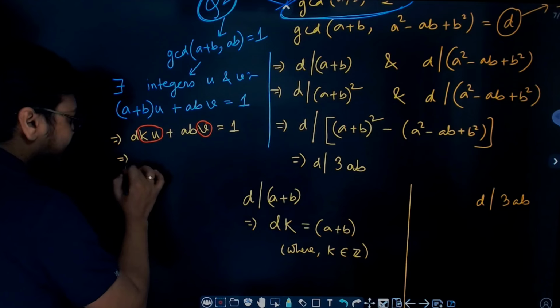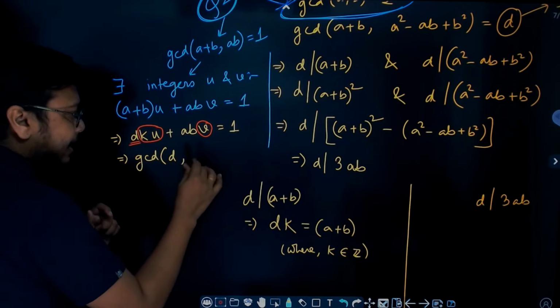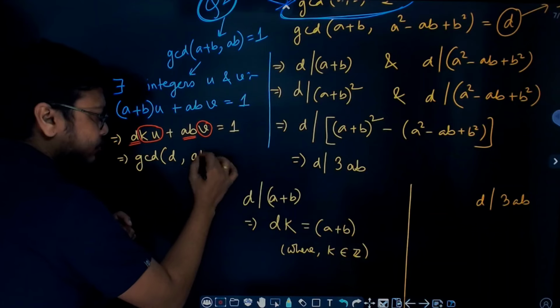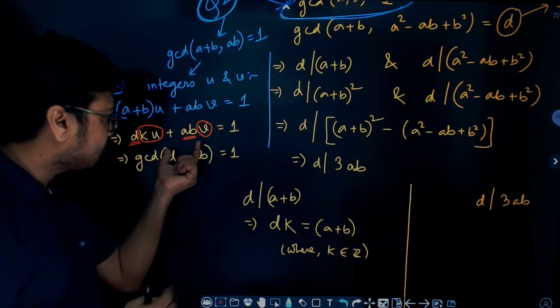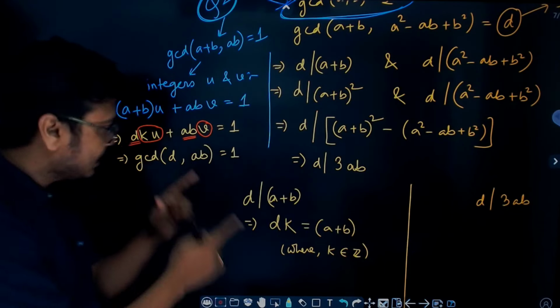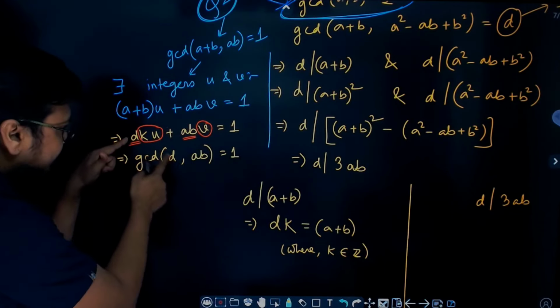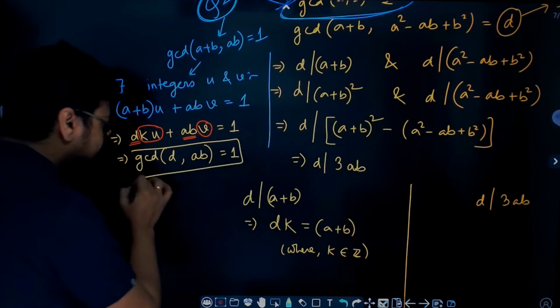What I can say from here is that GCD of d and ab is 1, because k, u and v are integers. This is of the form ax plus by equals 1, where the GCD of a and b is 1. Same format. So I can say GCD of d and ab is 1. This is the information I was requiring.